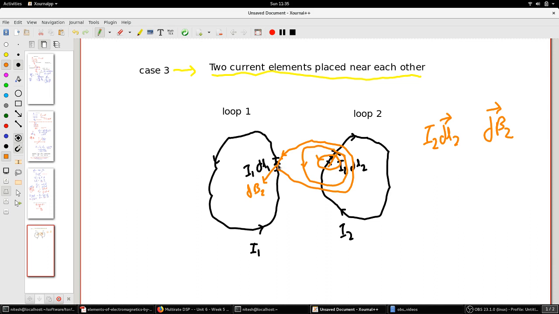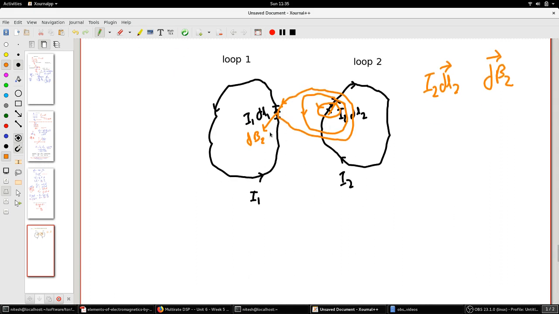So we have to apply case 2 now, because this current element is brought in contact with a magnetic field which is generated by the other current element, right? So what will be the force experienced by this current element?